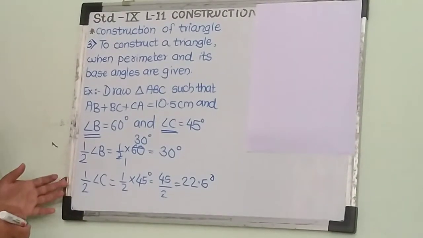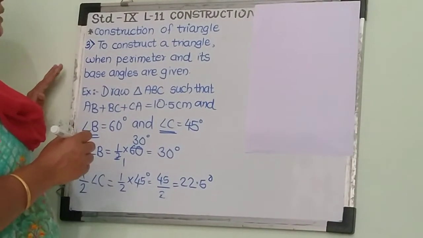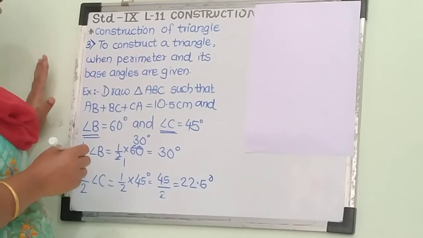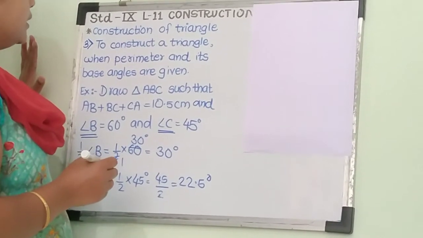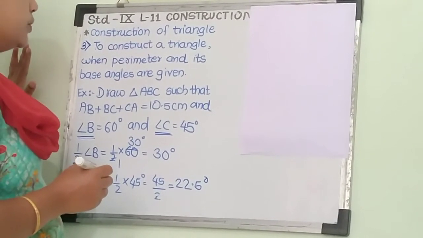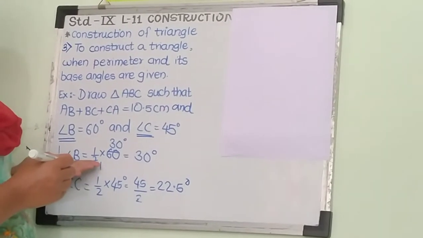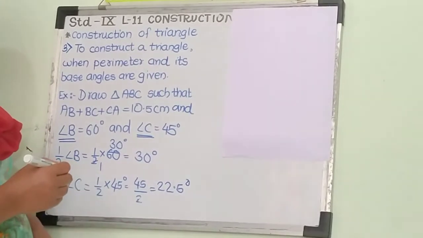That is our requirement. So when this type of construction is asked in your exam, first we make the given angles half. Understood? So the first step we finish, that is we convert the given angles into half angles.